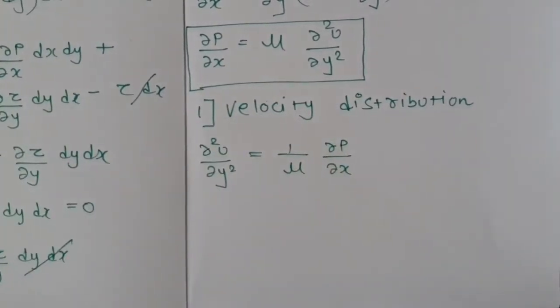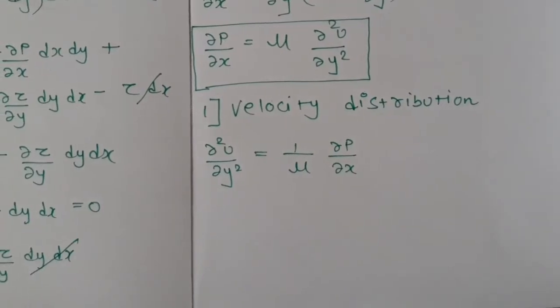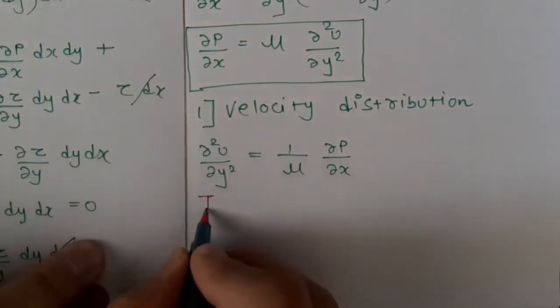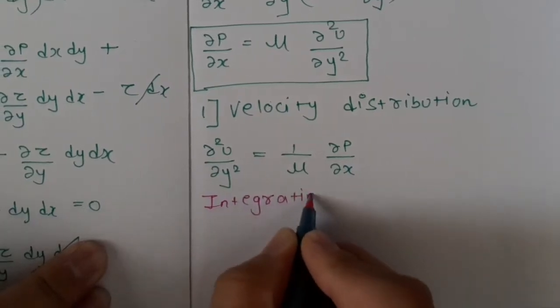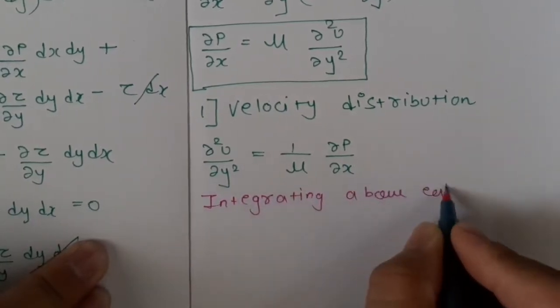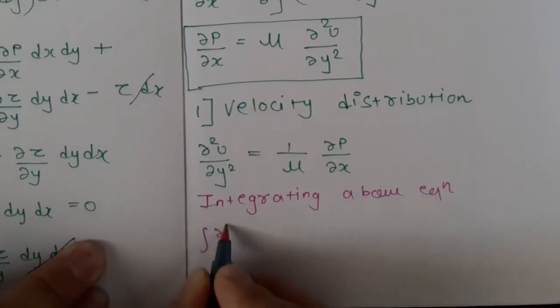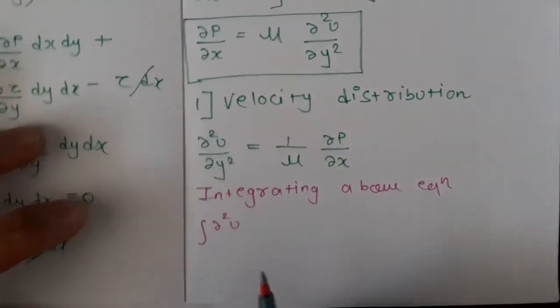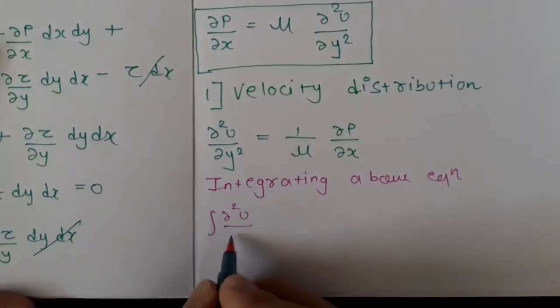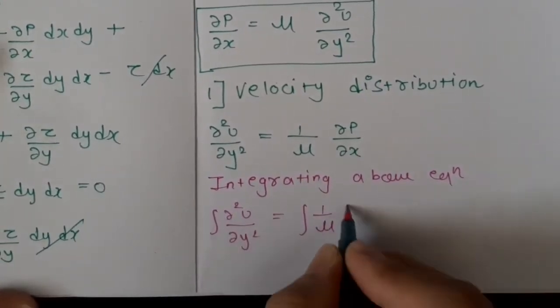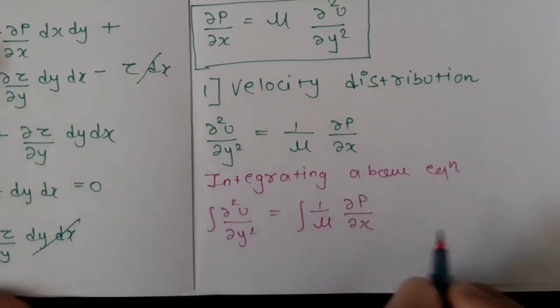Now the process of finding the velocity distribution begins. Integrating the above equation, we get ∂²u/∂y² equals 1/μ ∂P/∂x.